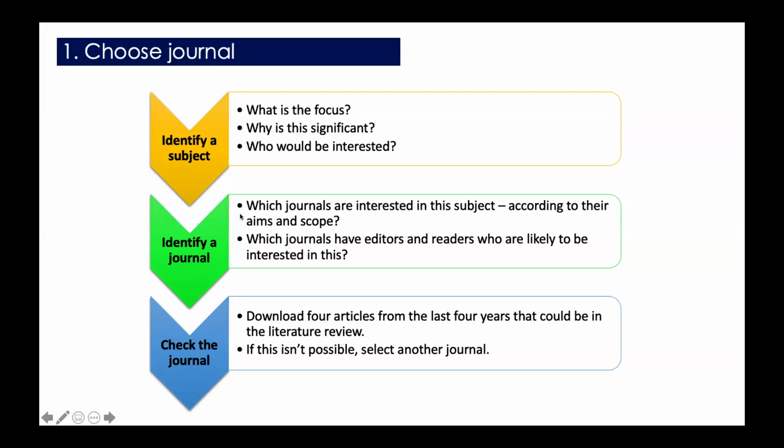Then we identify which journals are interested in the subject according to their aims and scopes. Later on we will look at how to identify the journals. And which journal has editors and readers who are likely to be interested in this.